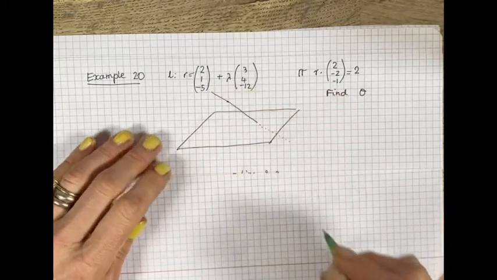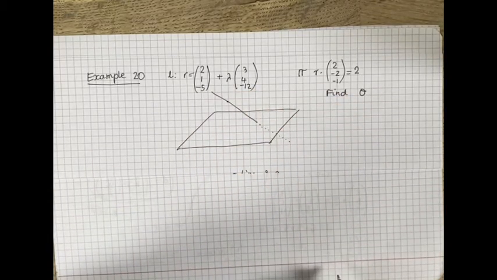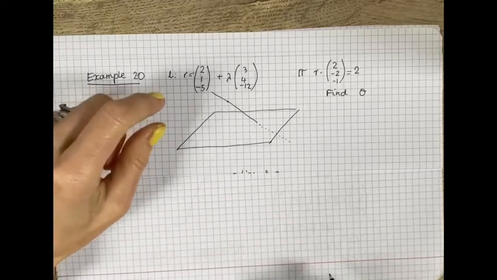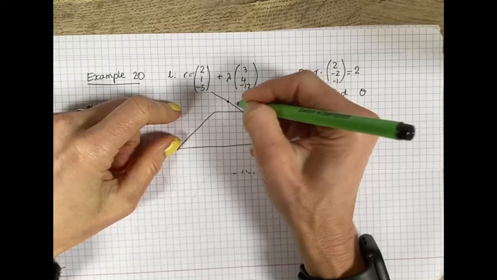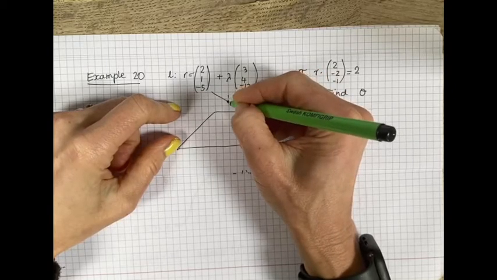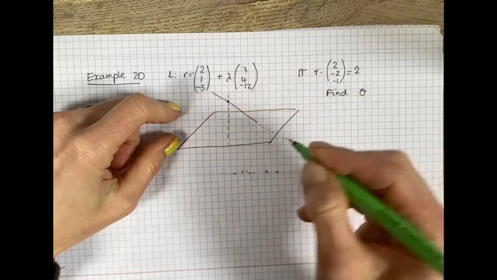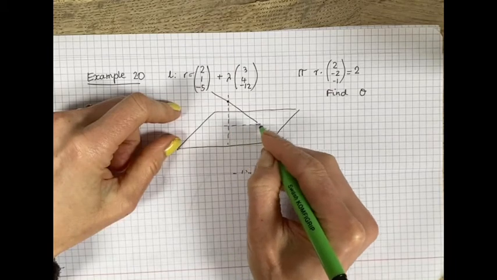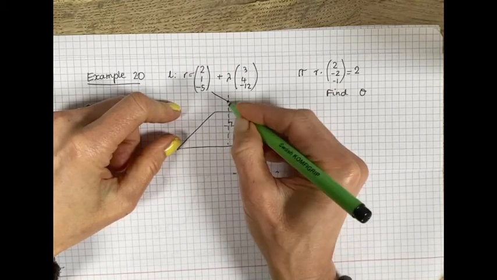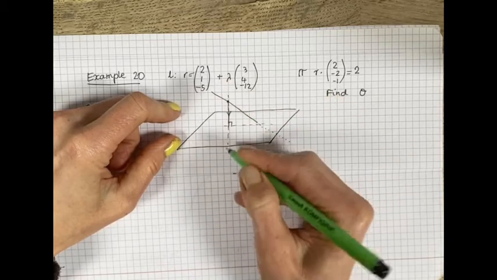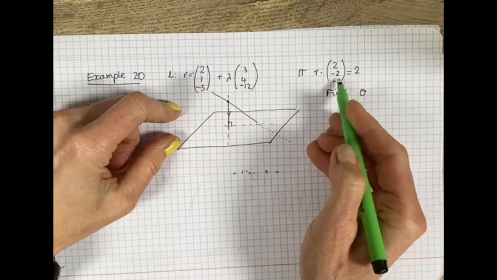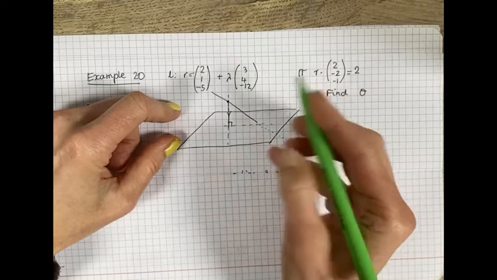So the idea is to actually find an angle, to draw the normal from a point on the line to the plane. There we go. Now this normal vector is going to be parallel to the perpendicular vector 2, minus 2, minus 1.